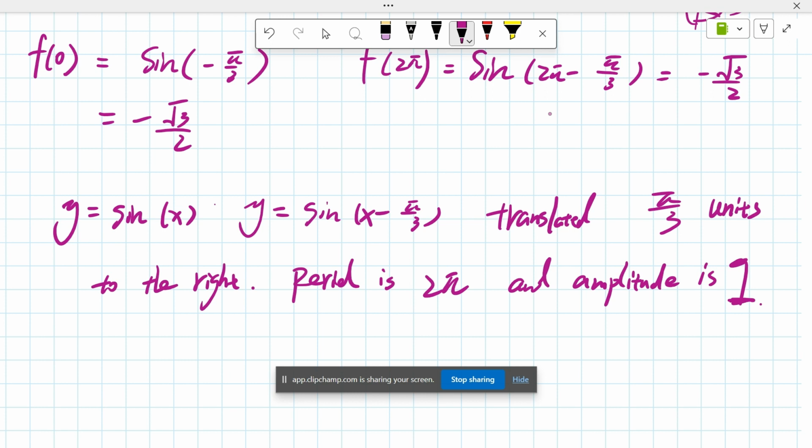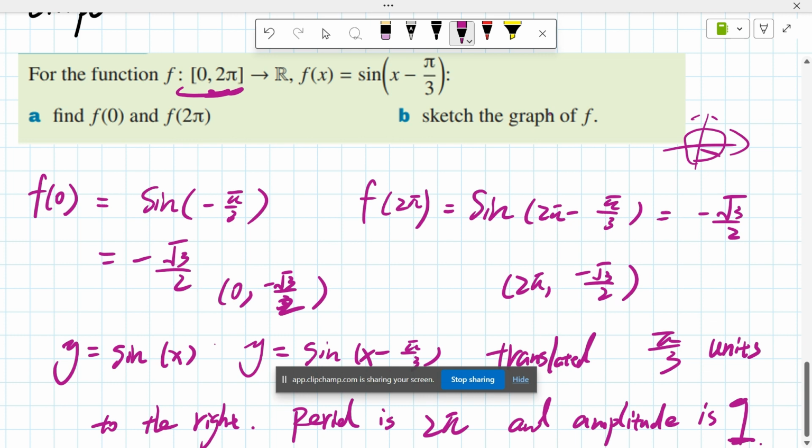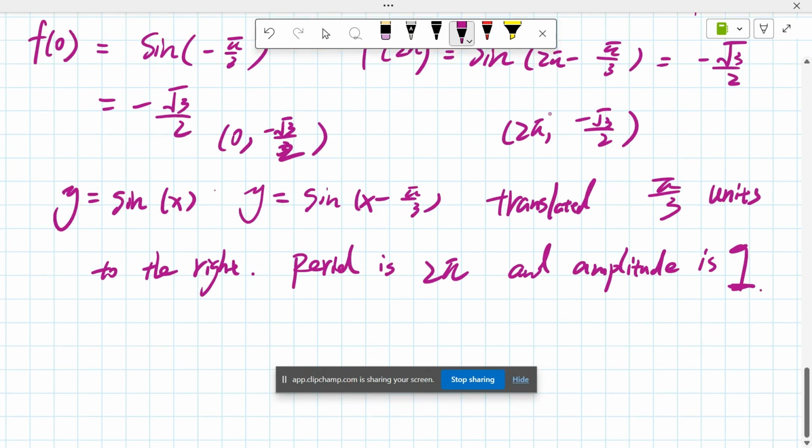Now we know the 2 points already, right? So when x is 0, y is negative root 3 on 2, and at 2 pi it is negative root 3 on 2. Okay? Because that's your starting point, which is your domain range.